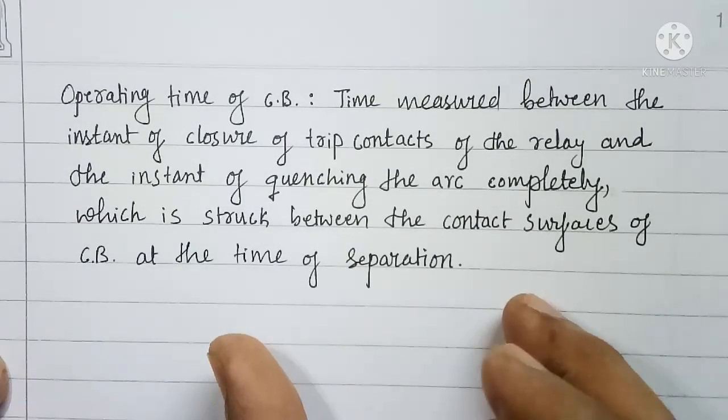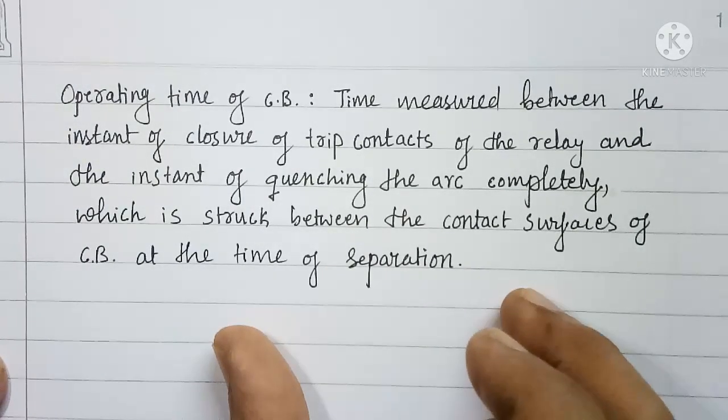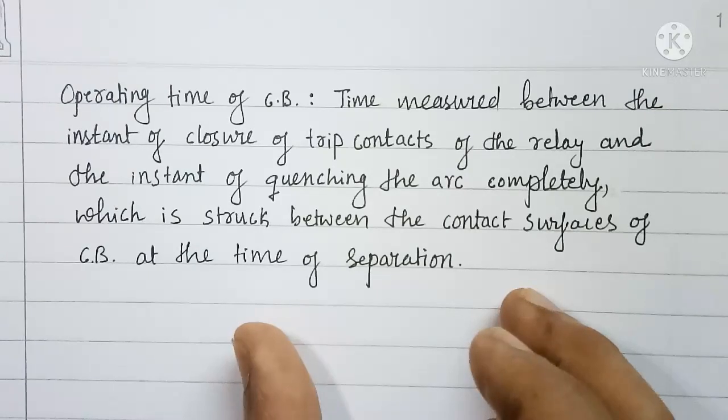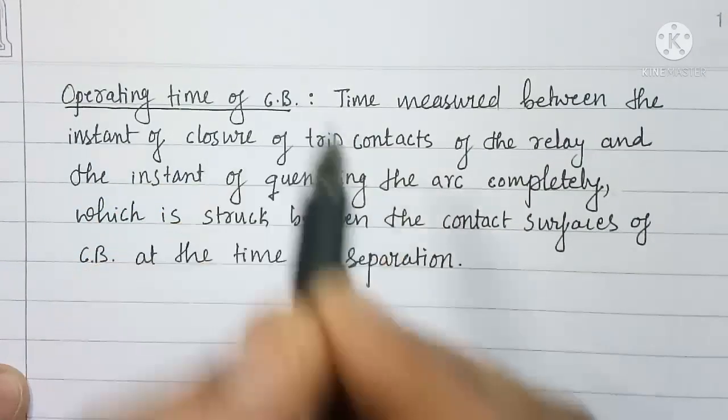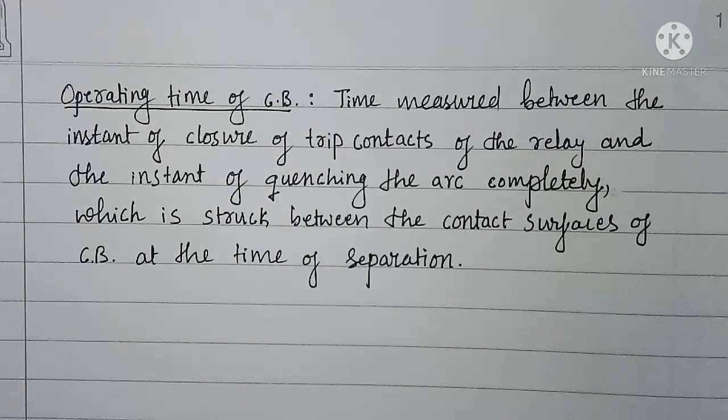So when a trip signal is issued to the circuit breaker, the mechanism of the circuit breaker will operate and make the contact surfaces get separated.